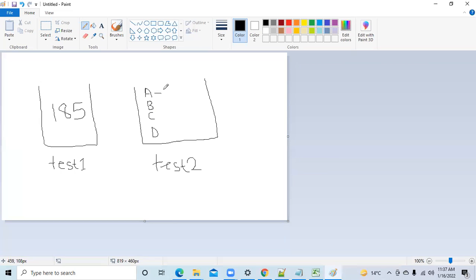A was 185, B was how much? I forgot. 165. C was something like 90, and D was 175.